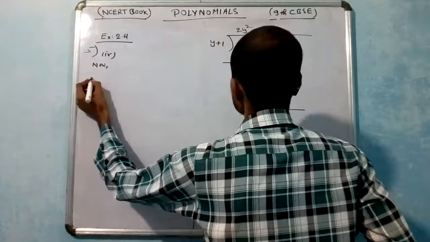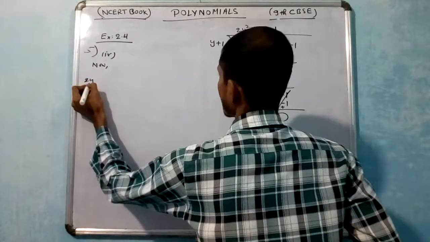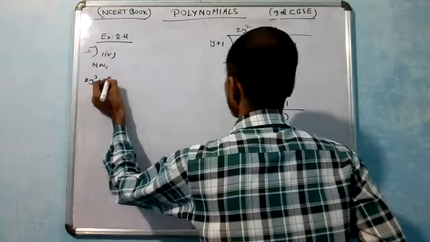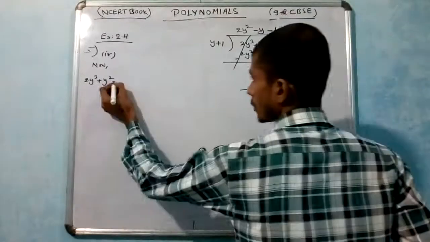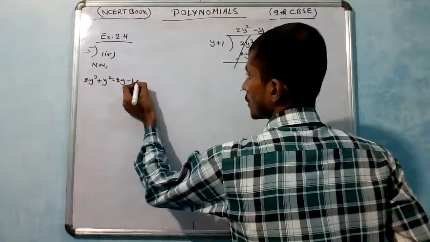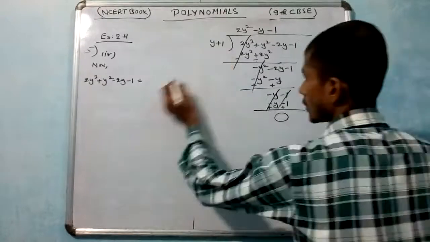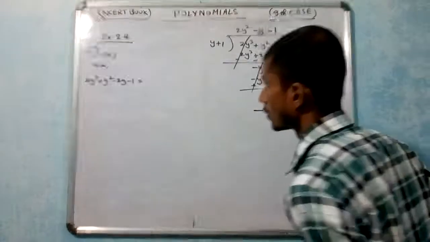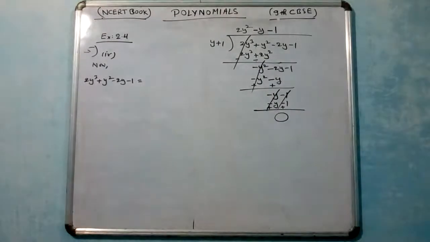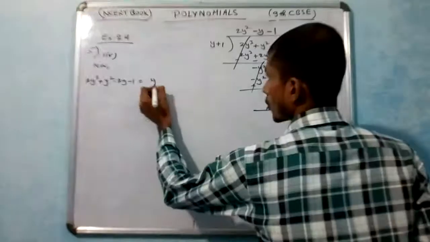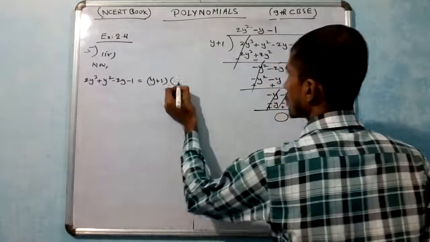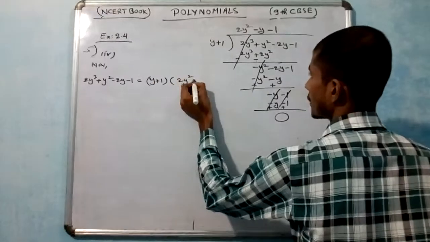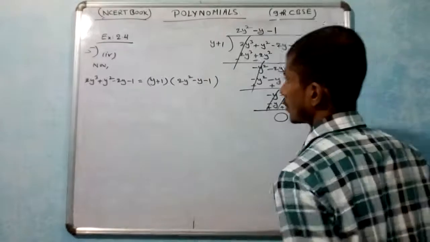Dividend, that is 2y cube plus y square minus 2y minus 1, is equal to divisor, (y plus 1), into (2y square minus y minus 1).